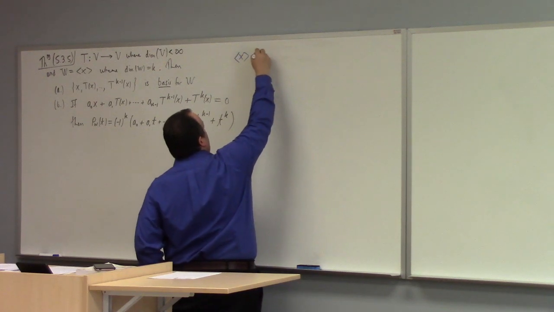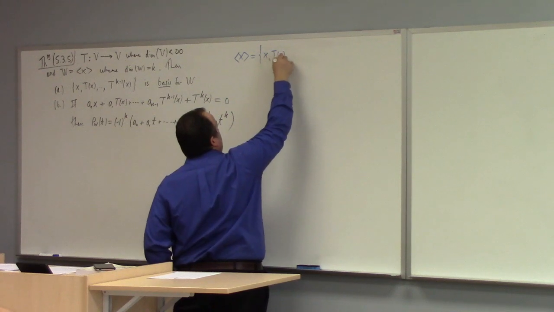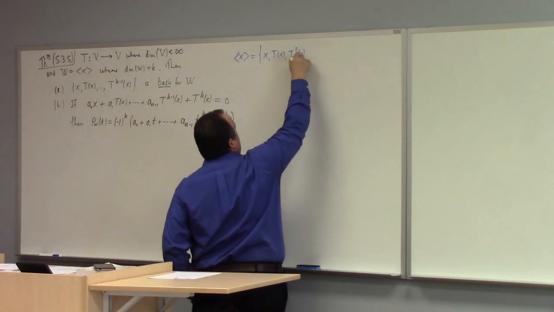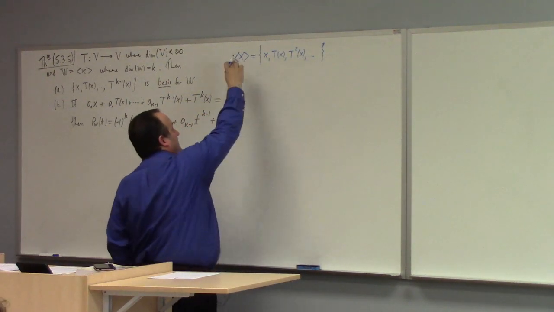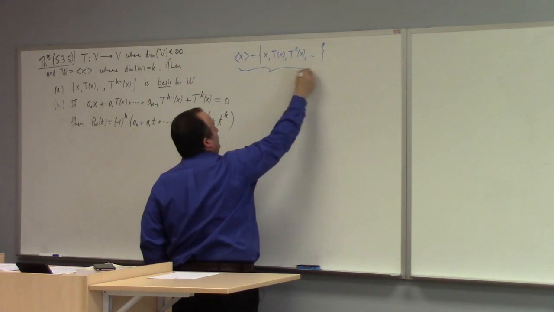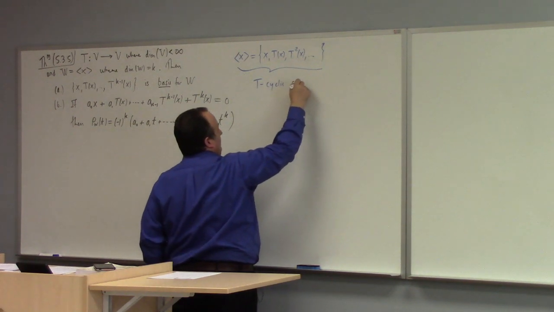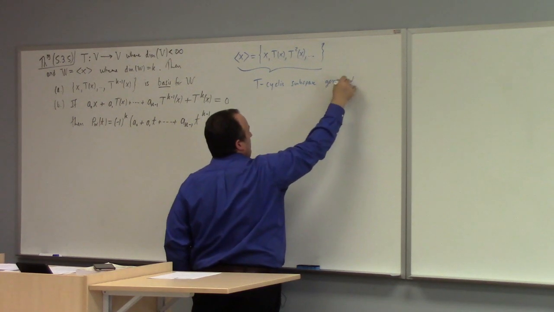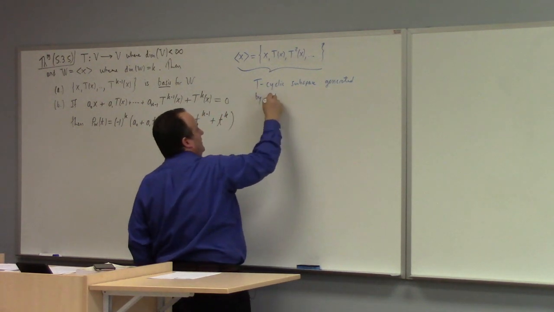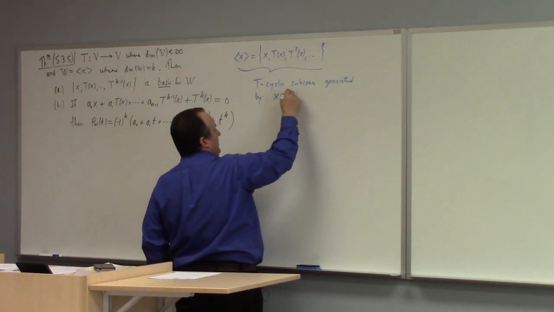This is by definition x, T of x, T squared of x, and so forth and so on, right? And so this is the so-called T-cyclic subspace generated by x, which is in V. And here, what are we assuming?